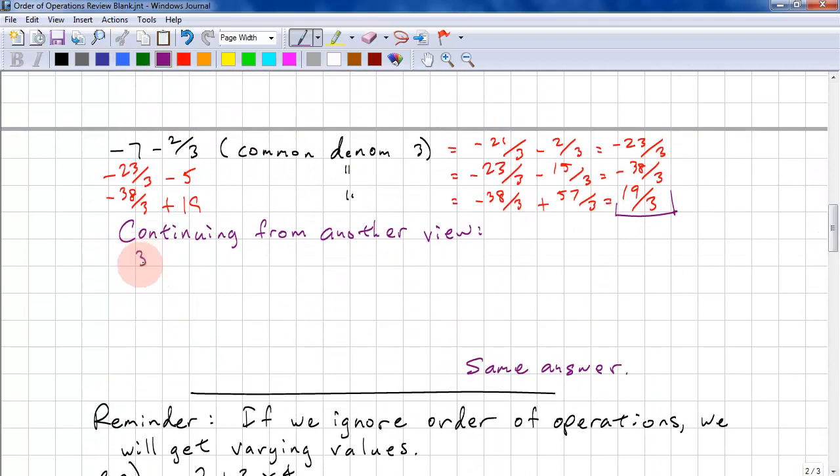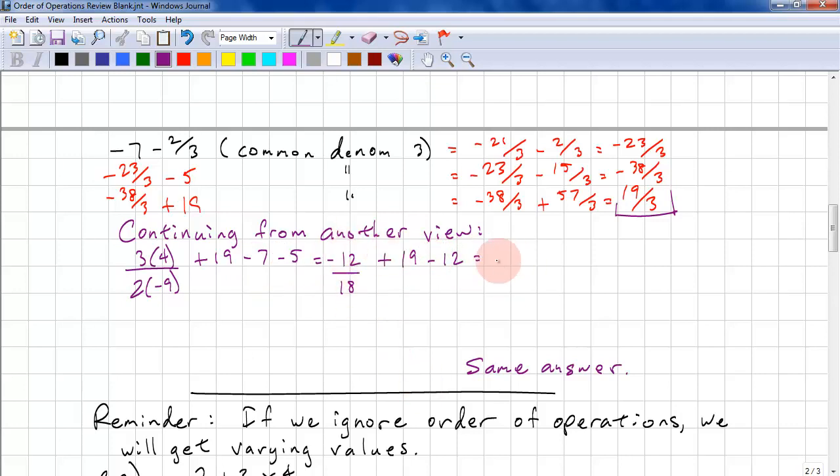So we have 3 times 4 over 2 times negative 9 plus 19 minus 7 minus 5. 3 times 4 is 12. And we have a minus. 2 times 9 is 18. We're adding 19. And these two subtracts is 12.